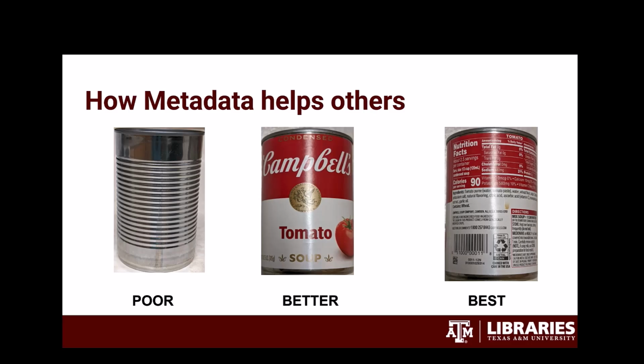If I look closely at the amount of sodium, I will opt out for a healthier version with low sodium. By providing detailed metadata, you help others decide if they want to use the data you shared. Additionally, if you want to reuse your own data in the future, you don't have to try to remember how your data was collected and organized if you have good metadata documentation.